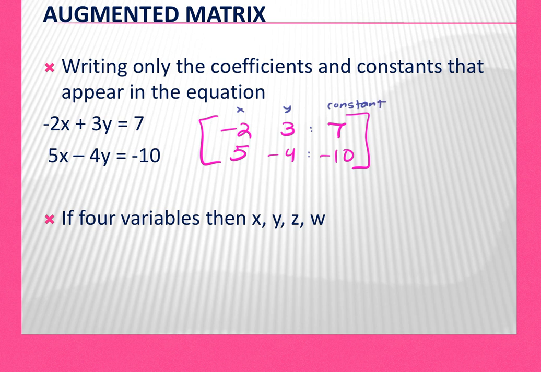If it was three variables, it would be x, then y, then z, then the constants. And weirdly enough, if there's four variables, w gets put at the end. It'd be x, then y, then z, then w, and then the constants. We will not be solving things with four variables, but you might be asked just to write the matrix from it, or vice versa.